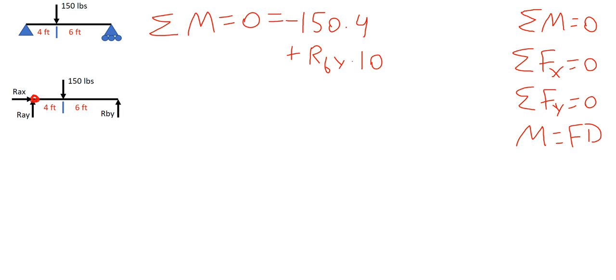Simplifying our equation, we will see that 0 is equal to negative 600 plus RBY times 10. Rearranging our equation, we will add 600 to both sides.